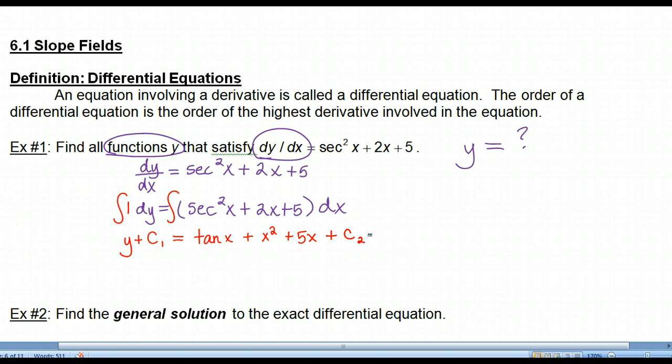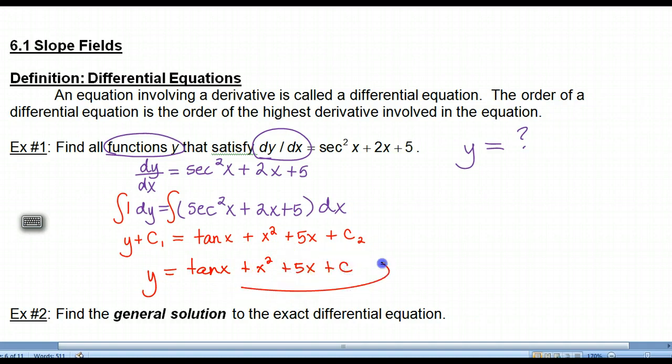When we do this, I usually only like to add c to one side. Remember, I'm trying to solve for y, so I usually don't even add a c1 here. I just add a c on the right side. So basically you end up with tangent x plus x squared plus 5x plus c. Technically, when you take the antiderivative without bounds, you automatically get a plus c, so you get a plus c on this side and a plus c on this side.